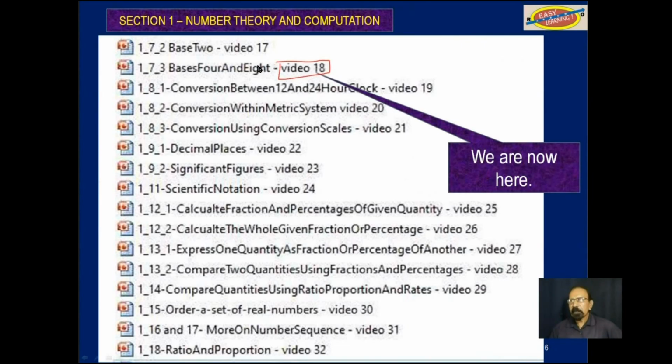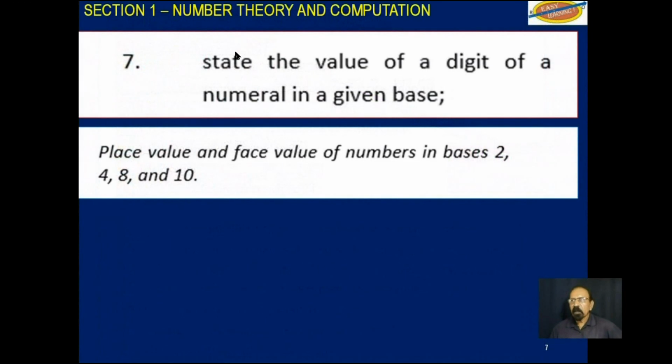video 18, section 1, objective 7, part 3, bases 4 and 8. And it is actually video 18 in the series of section 1 videos. So we continue with objective 7.